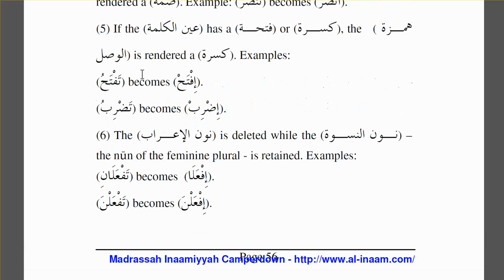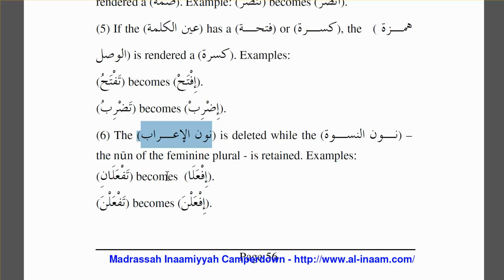So here, look at this now. Number 5. Iftah, idrib. Fataha yaftahu, because of the kasra on the hamza, it becomes iftah. And yadribu becomes idrib also. Now, all of the noon al-i'rab, this is a new terminology for you, noon al-i'rab, okay?